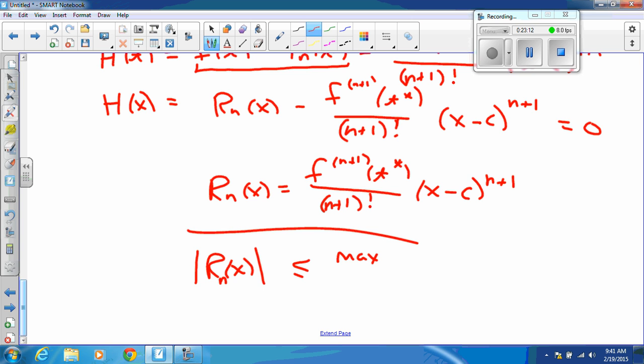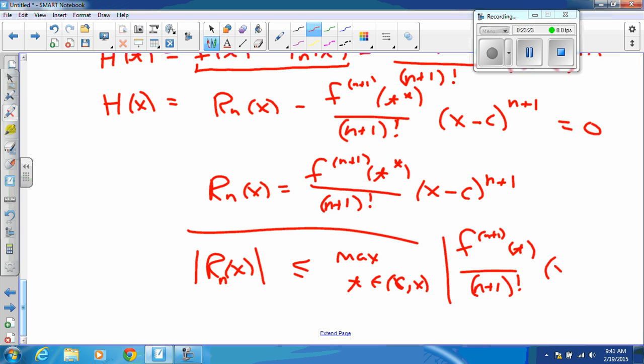Certainly, the absolute value of Rn of x is less than or equal to the maximum possible over t's between x and c of the n plus 1th derivative of f at t over n plus 1 factorial times x minus c to the n plus 1, like that. And we just put the absolute values here so that my inequality makes sense in case we have a negative value here.